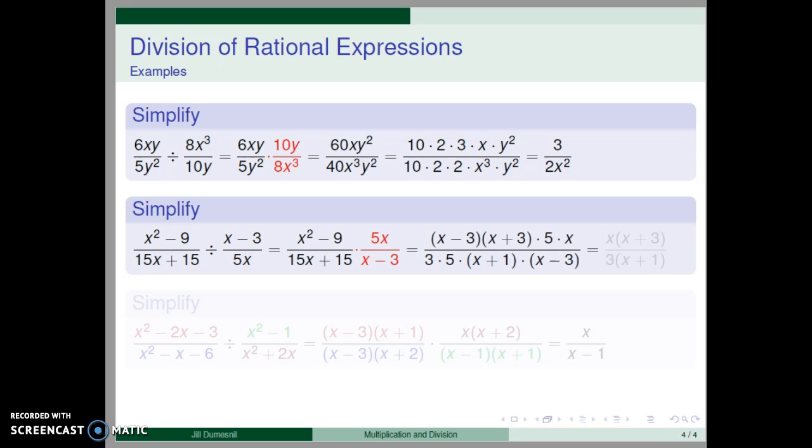We substitute x minus 3 times x plus 3 for x squared minus 9 on top, and substitute 3 times 5 times x plus 1 for 15x plus 15 on the bottom. Now we recognize factors of 5 and x minus 3 can be canceled.